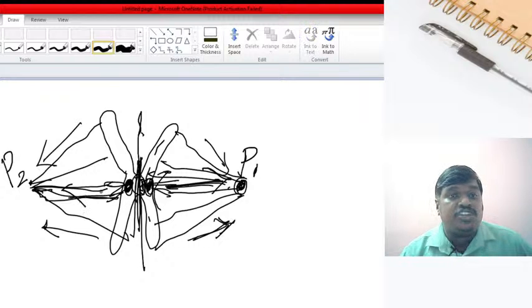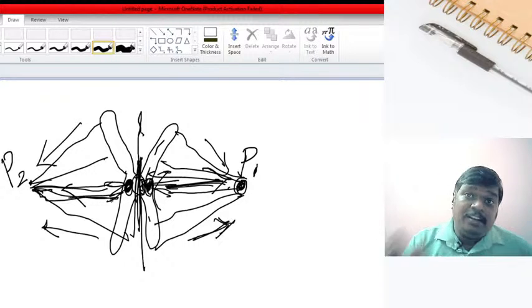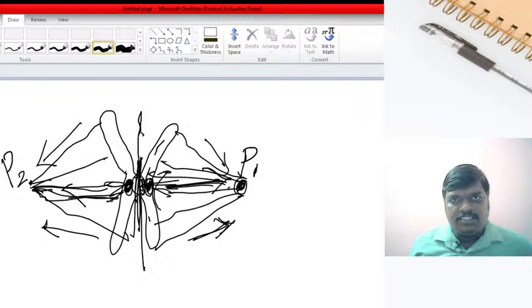So equal division will be there. That is the reason why all these spindle fibers are completely attached to the chromosomes, so that it divides equally. That is the reason why in mitosis there is equal division.